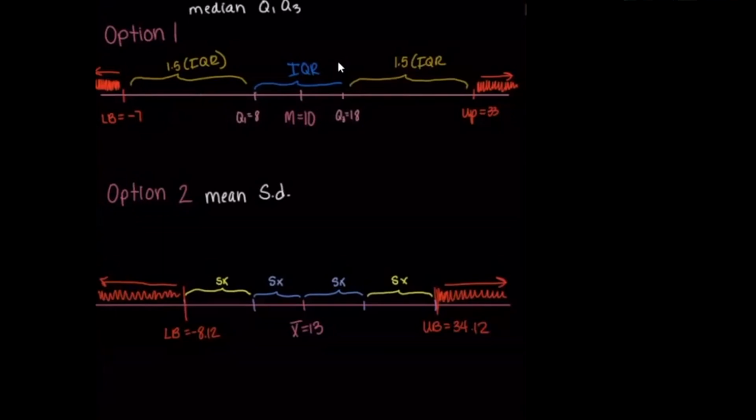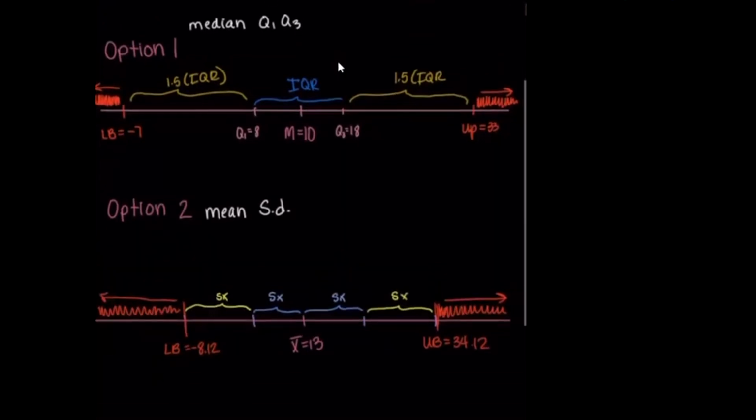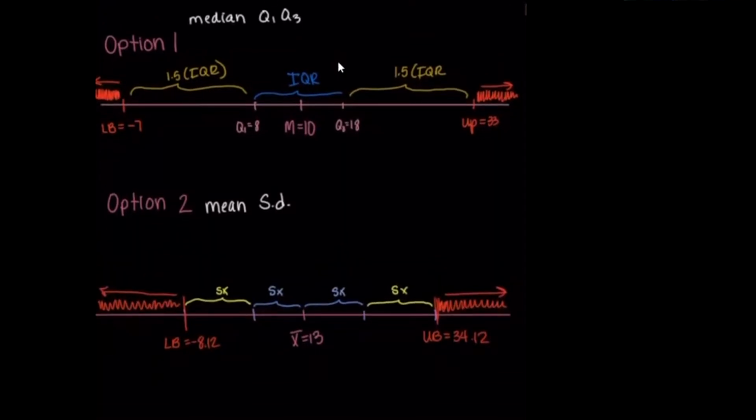And I just wanted to show you what we were doing in action with these formulas. So for option 1, you found the IQR, which is in blue here. And then what you did is you added to those quartiles the IQR plus a little bit. And then those gave you your cutoff points. So anything outside of that blue and yellow region, those were your outliers.